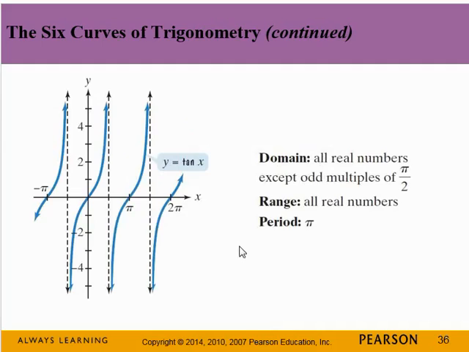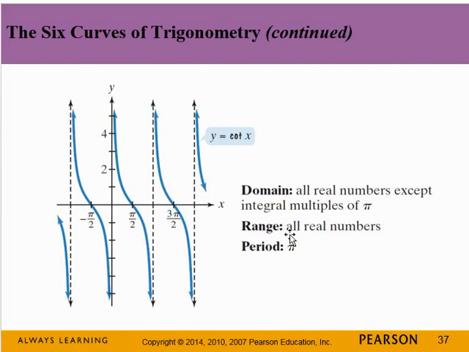Your tangent graph: your domain is all real numbers except odd multiples of pi over 2. Range is all real numbers, so negative infinity to infinity, and your period is pi. Your cotangent: all real numbers except integral multiples of pi. Your range is negative infinity to infinity, and your period is pi.